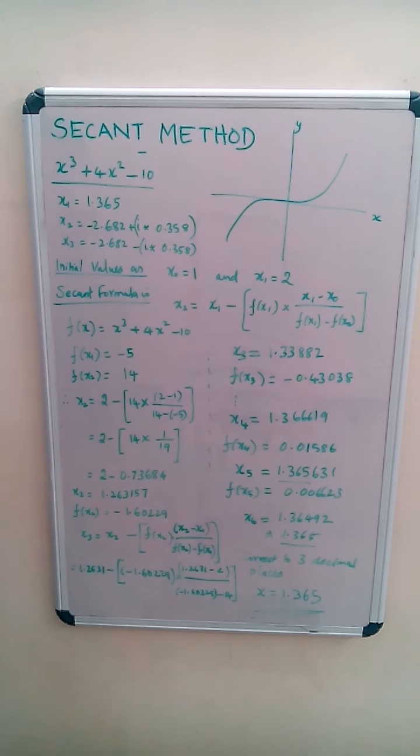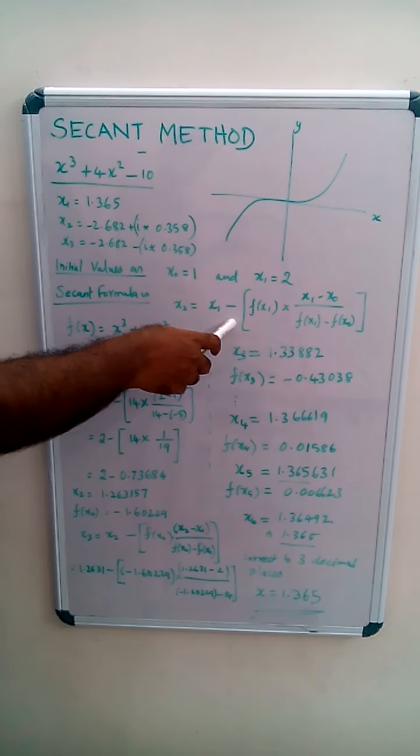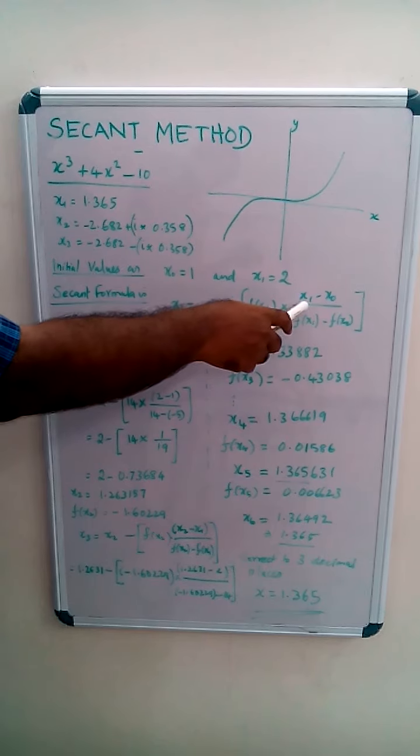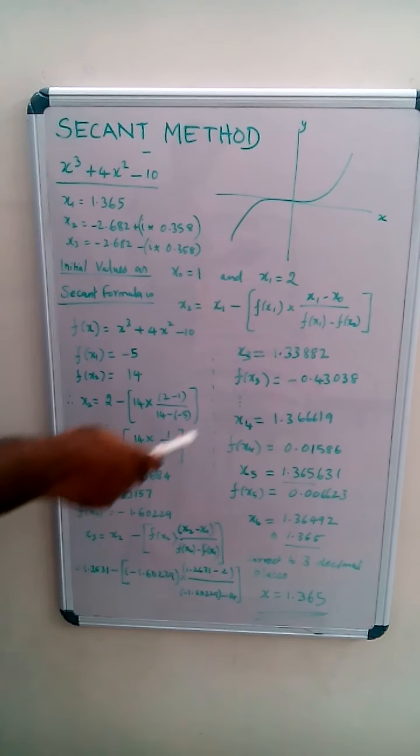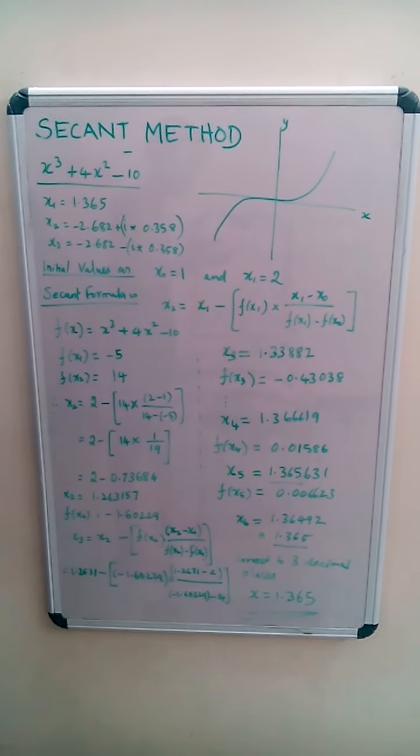Now we write down the secant formula for obtaining the approximate root x2, which is equal to x1 minus f of x1 into x1 minus x0 divided by f of x1 minus f of x0.